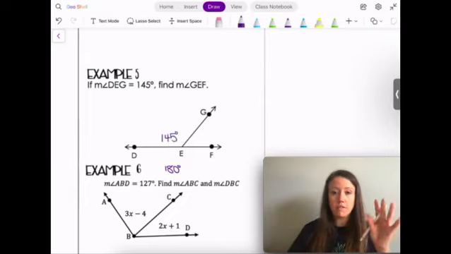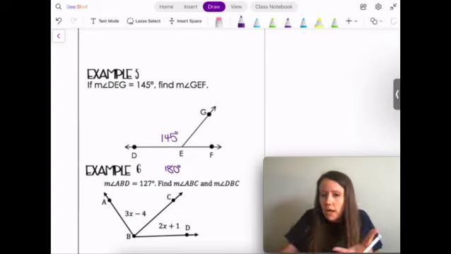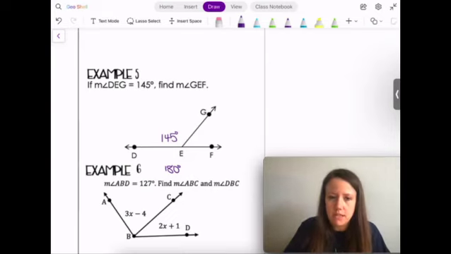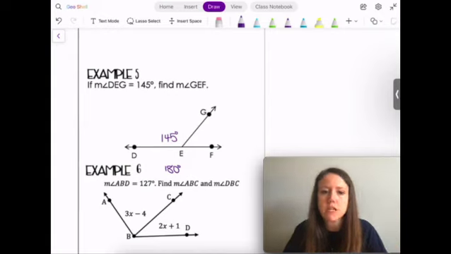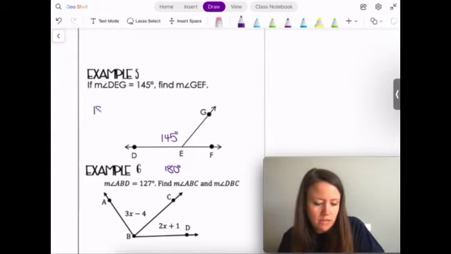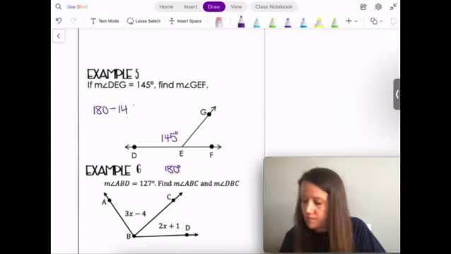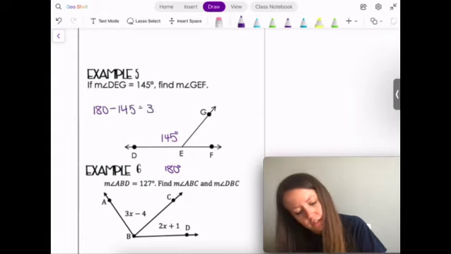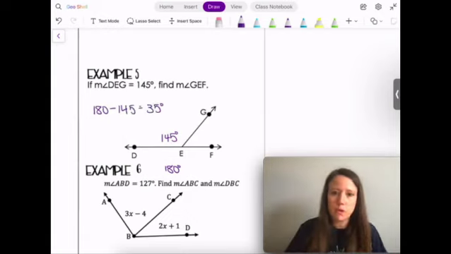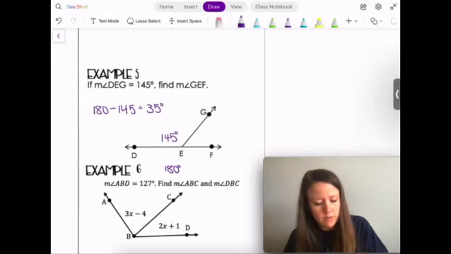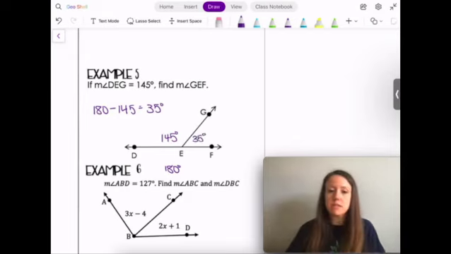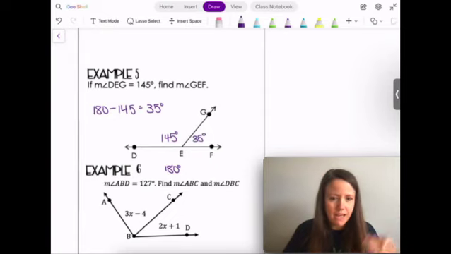So 145 plus what gives me 180? So some of you may just be doing some mental math, counting up, using fingers. Others may just subtract to get 35 degrees. You always want to make sure, just quickly check your work, use a calculator if you have to. Does 145 plus 35 degrees give me 180? Yes, yay. Okay.